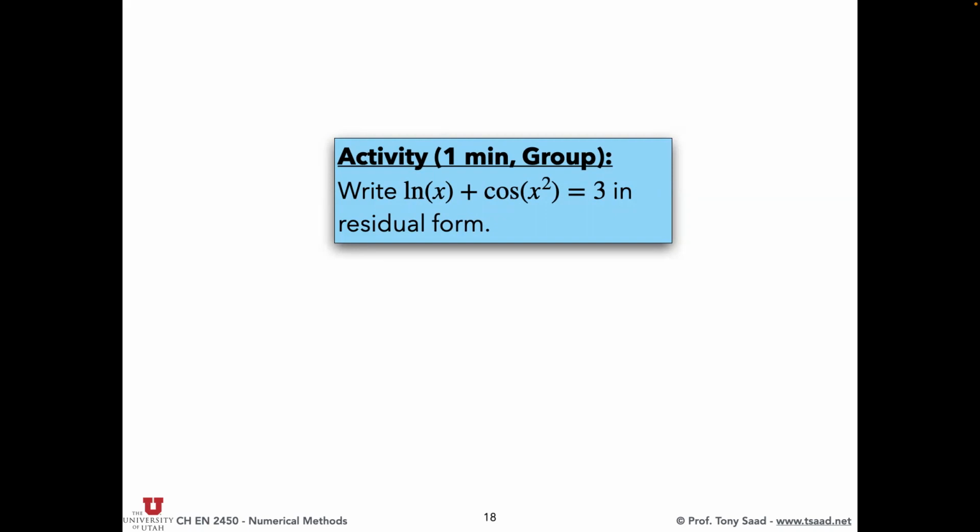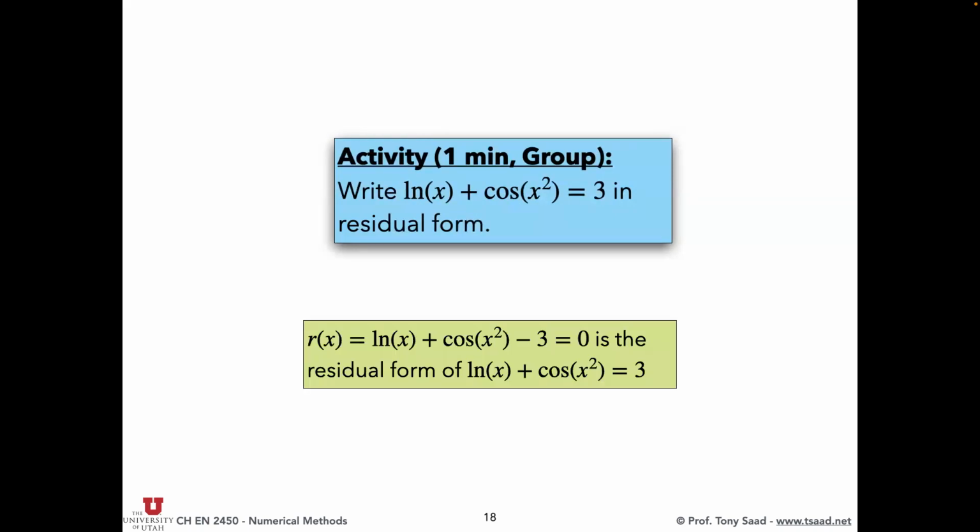Write it as r of x. Simply take your alpha, your right-hand side, put it on the left-hand side, and say this is my new function. My new function is log x plus cosine x squared minus 3, and I'm finding the root of that. And when I say finding the root of that, it means finding that intersection with the line y equals 0.